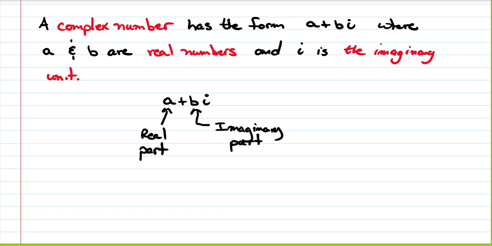The great thing about complex numbers is i behaves just like a variable, with one exception.